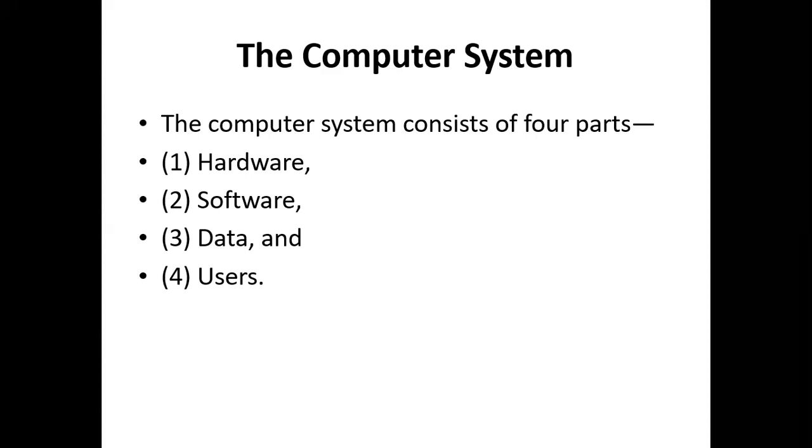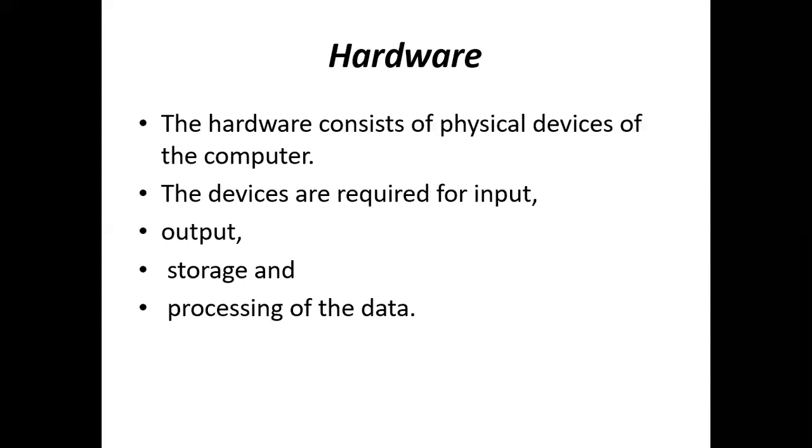Now, very quickly, what is hardware? Hardware, we are talking about the physical devices of a computer, the physical components of the computer. Some of these components are used for input, inputting data into the computer. Some of these devices are used for outputting data from the computer.